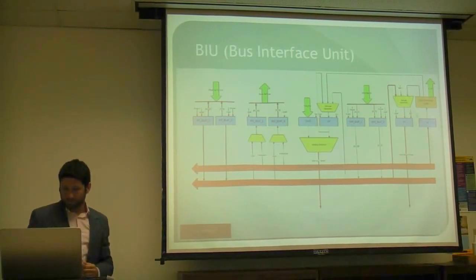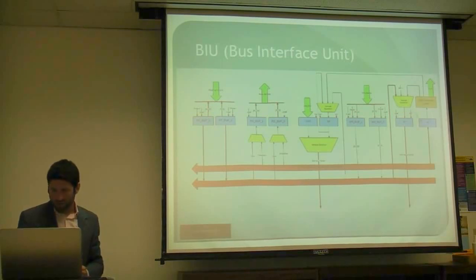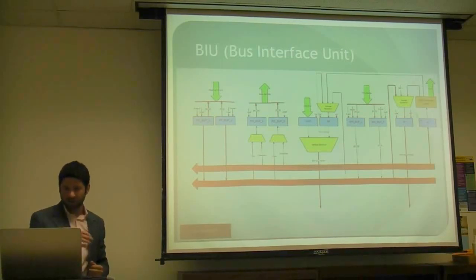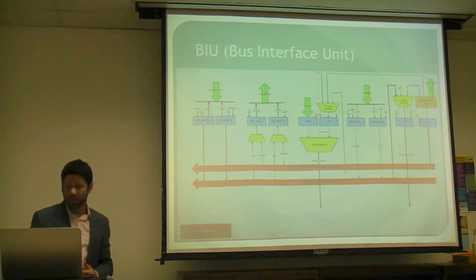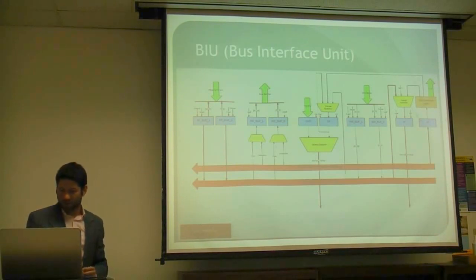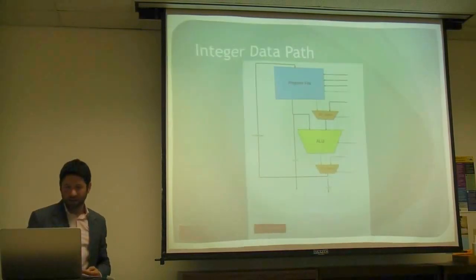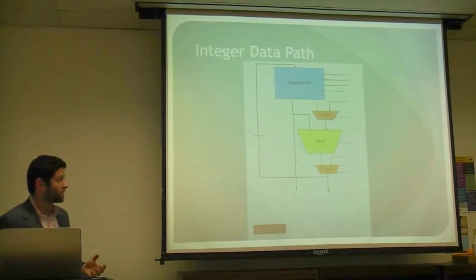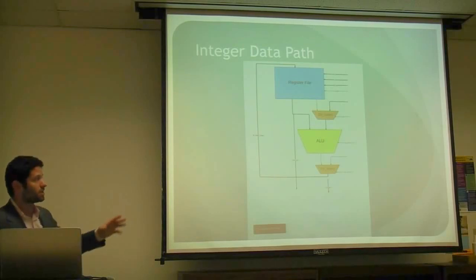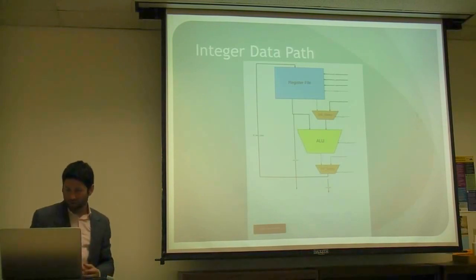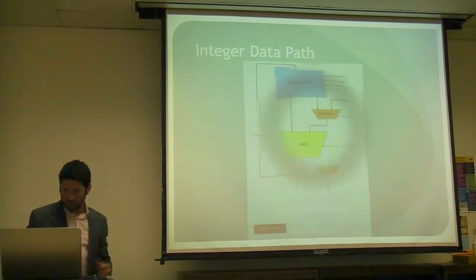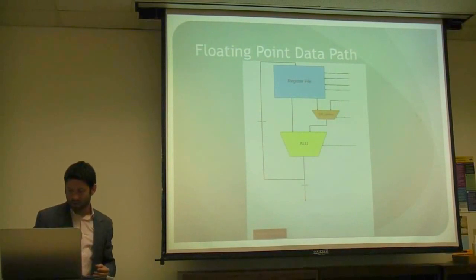And now we also have, for the stack pointer, different muxes as well, depending on the instruction that is being operated. And now going into the integer data path, nothing much has changed here. Our barrel shifter is actually inside our ALU, so it's not going to show over here. And for our floating point, it's still the same, nothing else has changed.